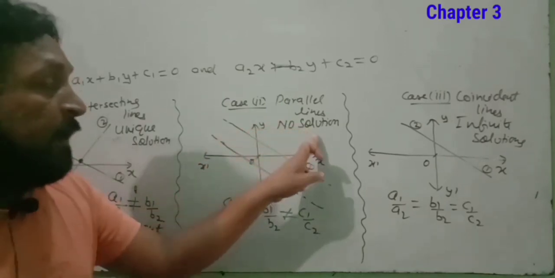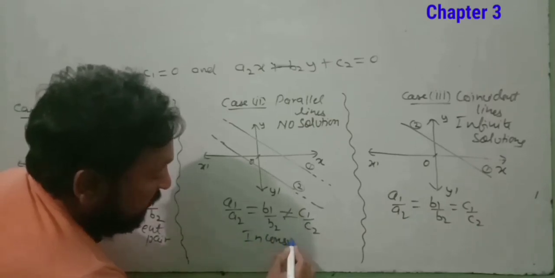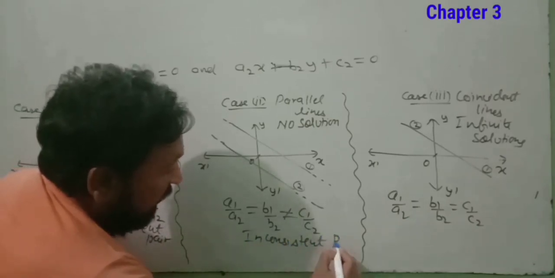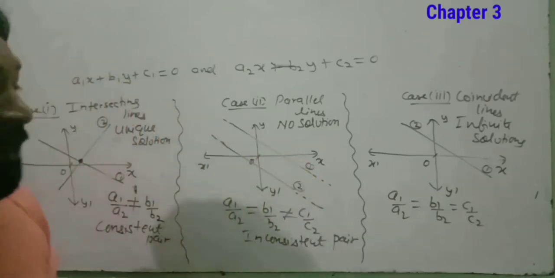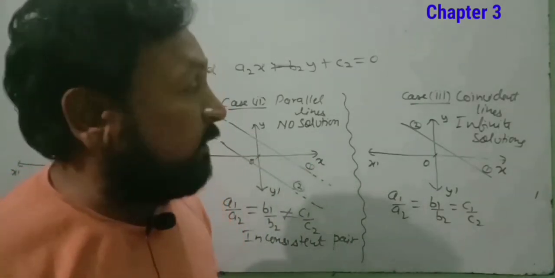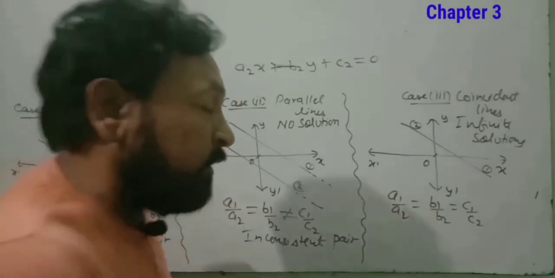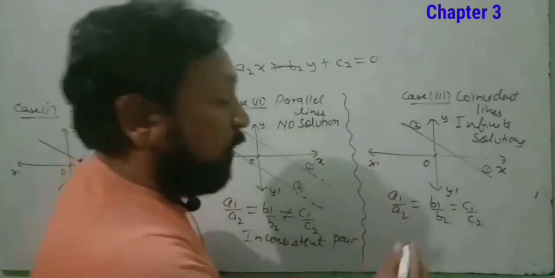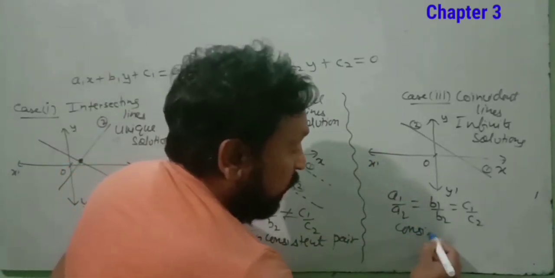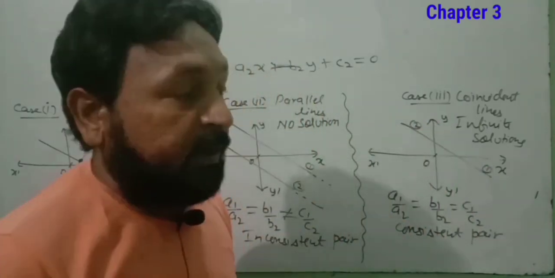In the case of parallel lines, no solution is there, so it is the inconsistent case. So we can say these lines are an inconsistent pair of lines. Third thing, in coincident lines, I said if it has at least one solution, and they have more than one solution, this case also comes under consistent. So we can say it is a consistent pair.